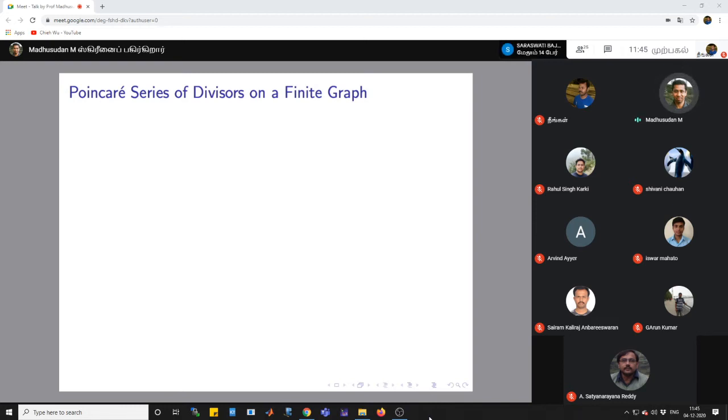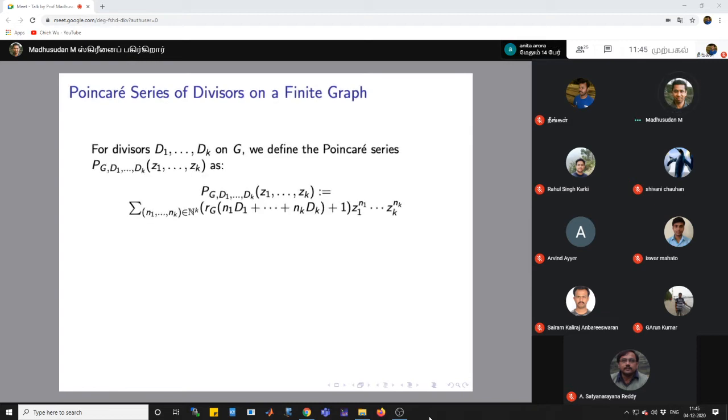So what is this? As I said, it's a certain generating function. It's defined as follows. You start off with a finite collection of divisors D1 to Dk on G, and then you define the Poincare series P_G,D1,...,Dk of Z1 to Zk. For now you can think of it as a formal power series; I'll come to convergence aspects in a moment.